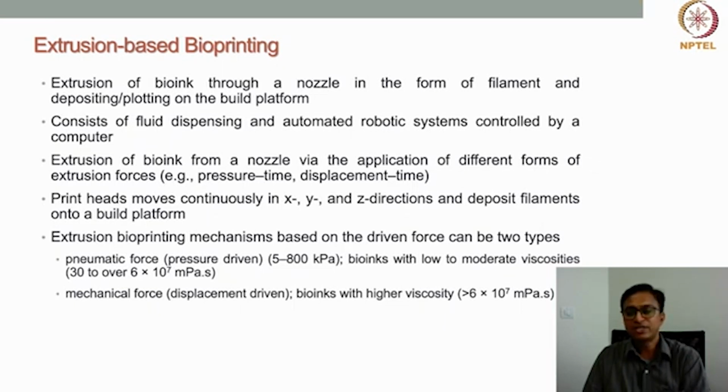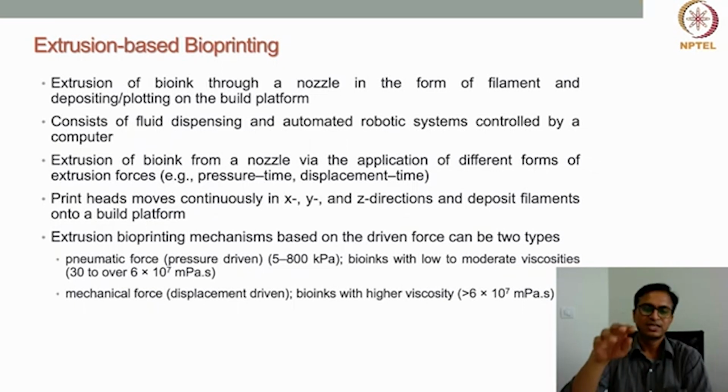So there are different types of extrusion based bioprinters available. Some work on pneumatic force and some work on mechanical force. Also the printhead can be of different types. Either the printhead moves in XY and the build platform moves in Z, or the printhead moves in all XYZ directions.